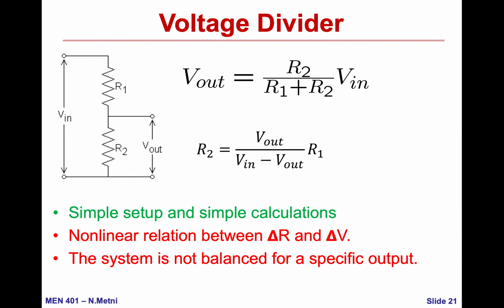So no value for R2 will give me a voltage equal to 0. This is very obvious from this equation. This is what I mean by balanced. Maybe I say that at a temperature of 23 or 25, this is what I need. I have a balanced system, so I neither want heating nor air conditioning of this room. Therefore, this cannot be done here. The V out cannot be equal to 0 for any value of R2.